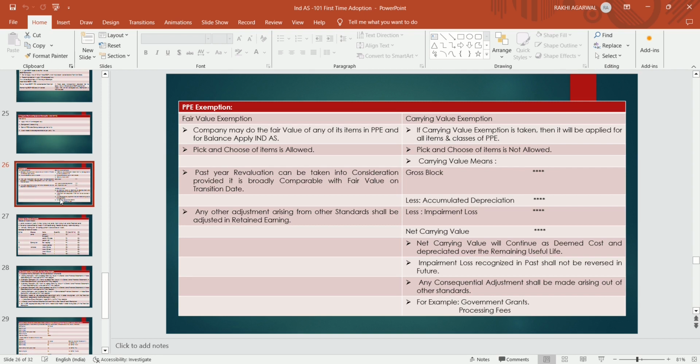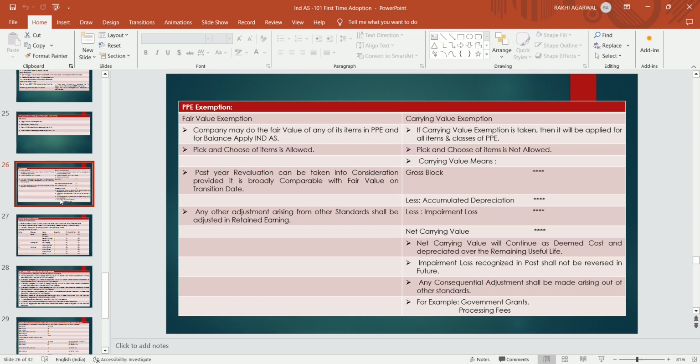The company may do the fair value of any of the items in PPE, and for the balance assets they apply Ind AS. Pick and choose of items is allowed. You can pick any of the assets and fair value that asset. You are allowed to do fair valuation on any of the assets.